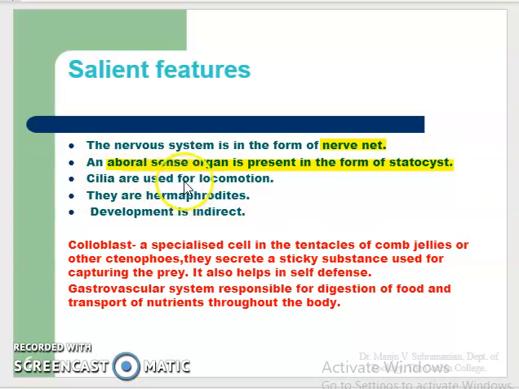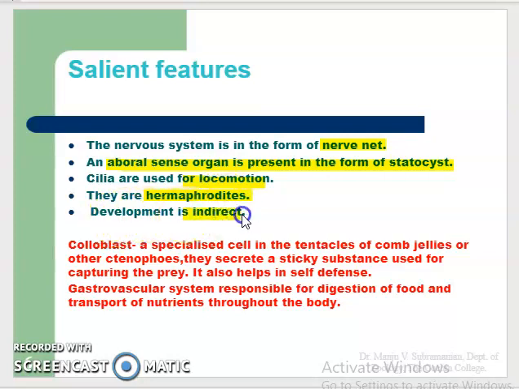Then the cilia are used for locomotion. They are hermaphrodite. That means the male and the female genital parts are seen in the same organism. Okay, they are hermaphrodite.